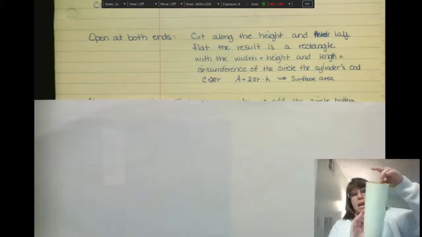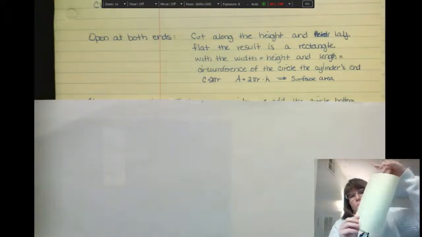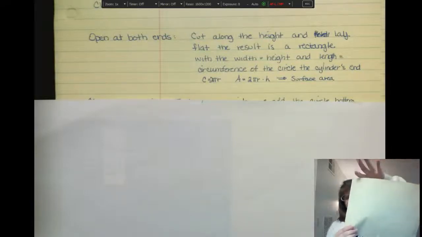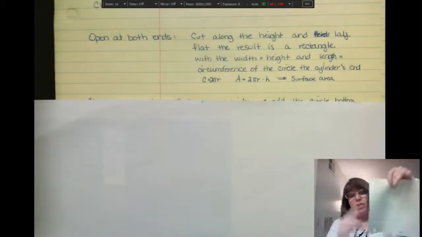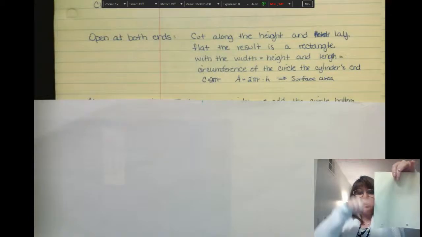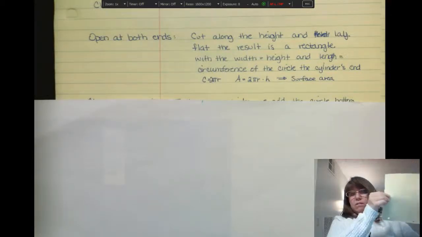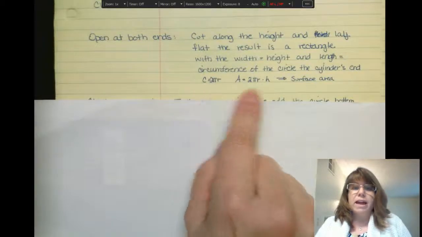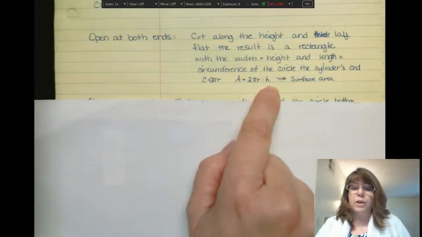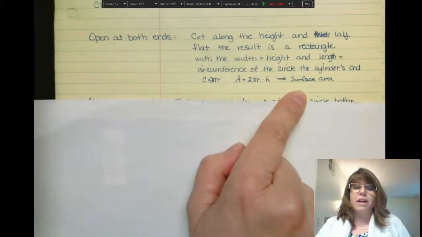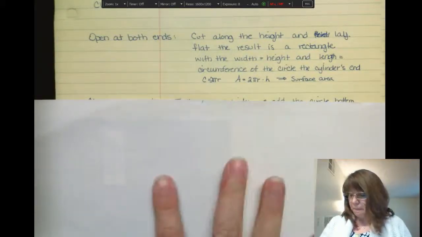And again, if I cut it along the height and open it up and lay it flat, it becomes a rectangle, where the length is the circumference of the circle and the height of the cylinder is the width of my rectangle. So the circumference of the circle times the height, which is the width, gives the surface area of the cylinder.